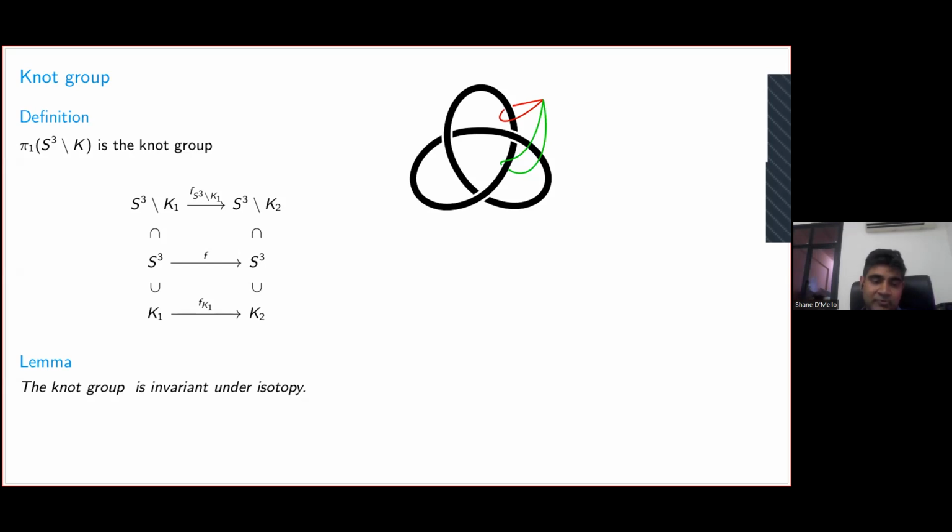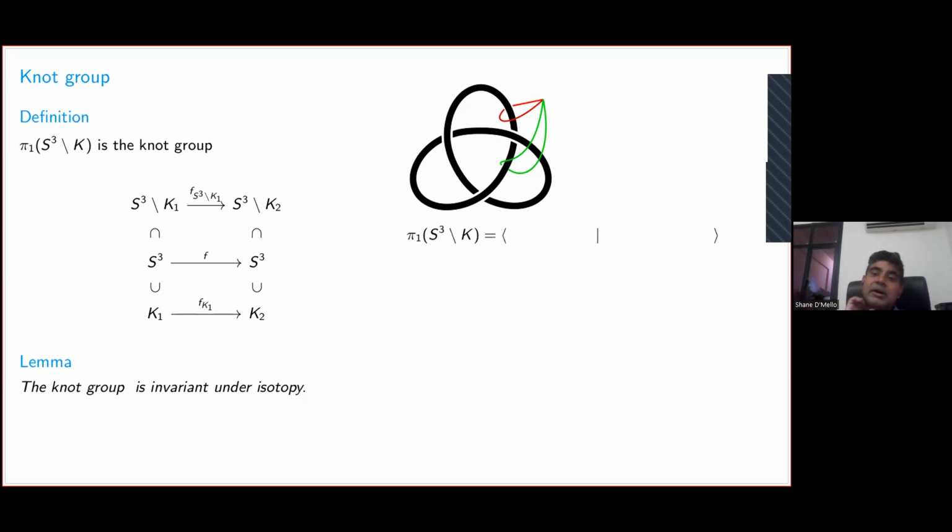It's a difficult theorem to prove, but I'm stating it to give you an idea that this is quite a powerful invariant. So the question we should ask is how do we compute it? More importantly, how do we compute it using a diagram?